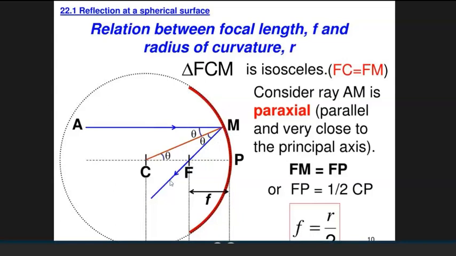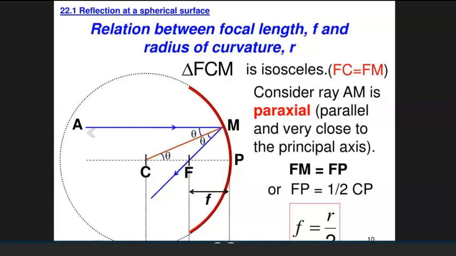You know that angle of incidence is nothing but the angle made by the incident ray with the normal. So this yellow line is the normal, because a line drawn from the center of a sphere to the surface of the sphere is always perpendicular, because the radius of a sphere is perpendicular to its surface. So this yellow line acts as a normal.